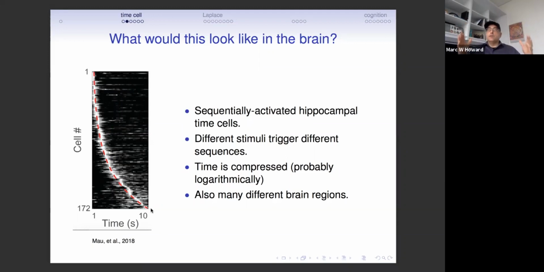If the receptive fields were evenly spaced on the time axis and we sorted the sequence on its peak time, we'd see a straight line. The fact that we see a curved line like we do in this figure means that there are many more cells with receptive fields at the recent past and fewer as they go along. And we'll formalize that in a minute.